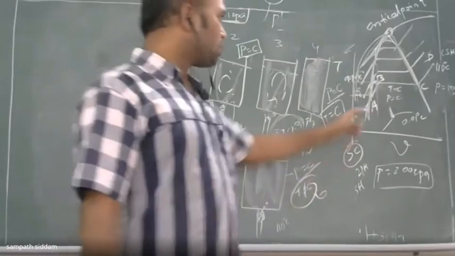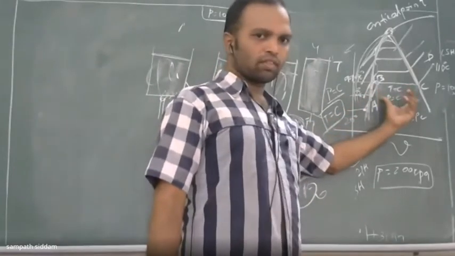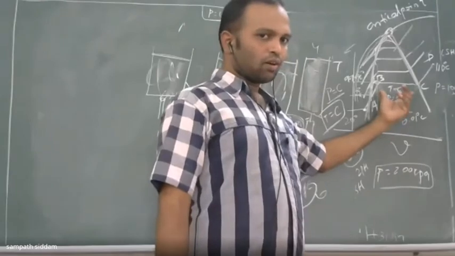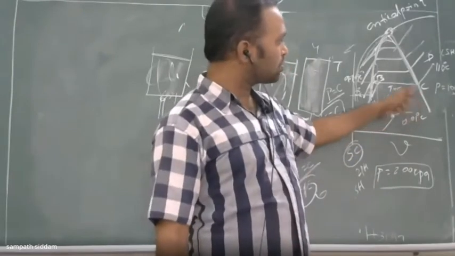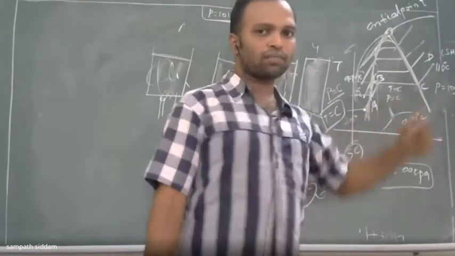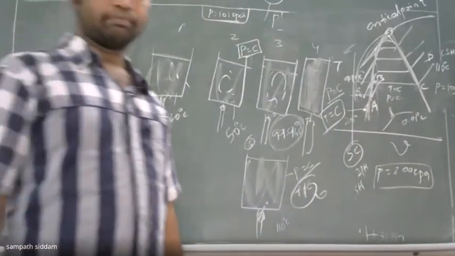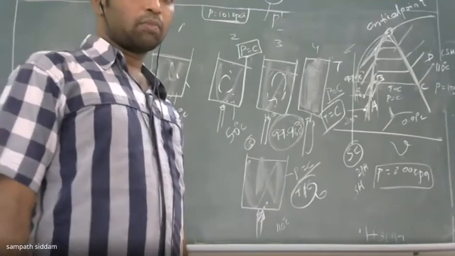Okay, suppose I go into this dome, this is a difficult one. In this dome, how many independent intensive properties are required to know the state of the system? Now you need to answer. Please, anyone. Please answer this.